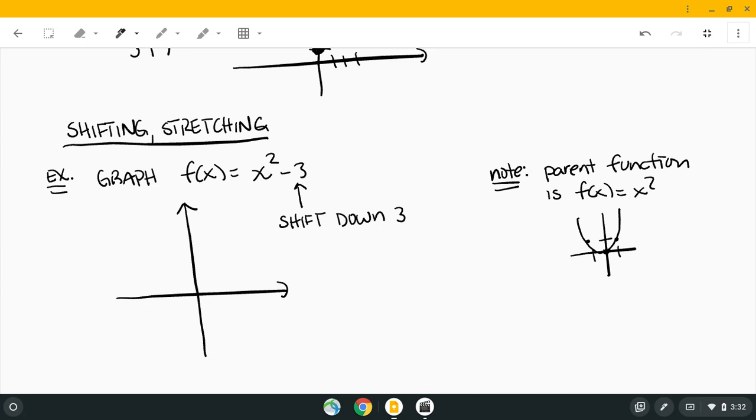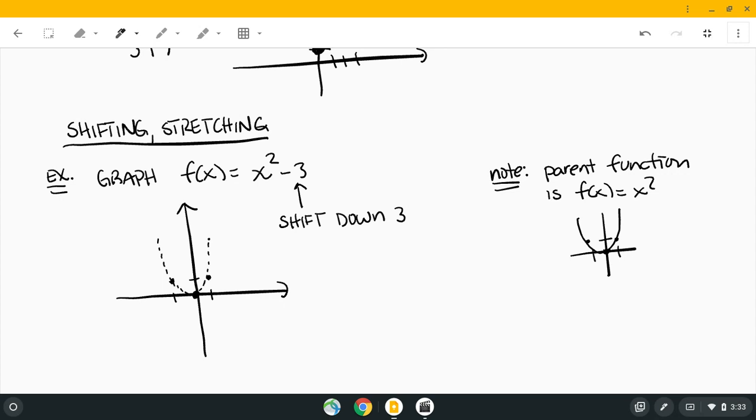Okay, so that's our parent function. So I'm going to go ahead and put those 3 points over here, and then what I'm going to do is apply this negative 3, which is a shift downward 3. Okay, so here is my parent function. I'll just do kind of a ghost parabola.